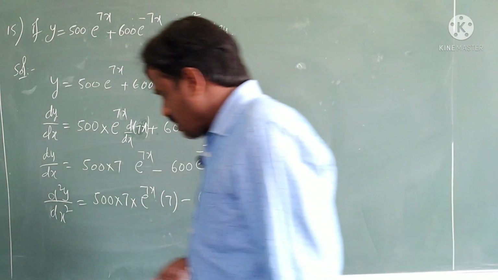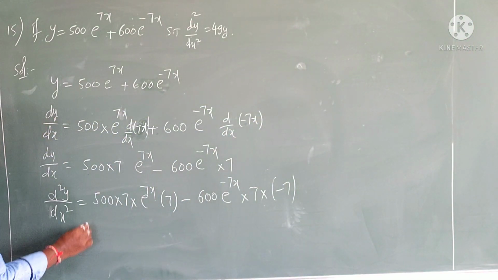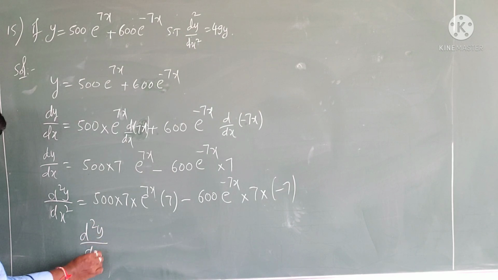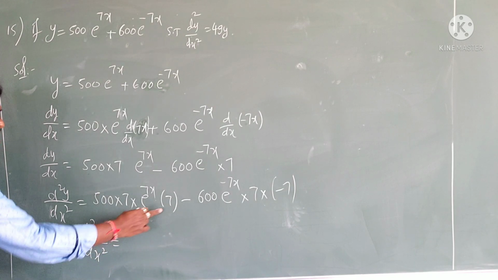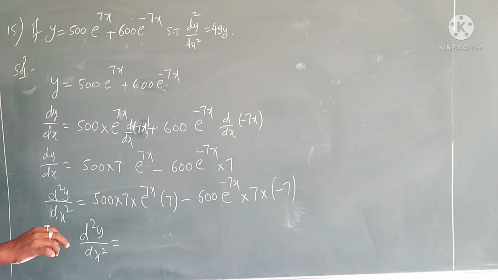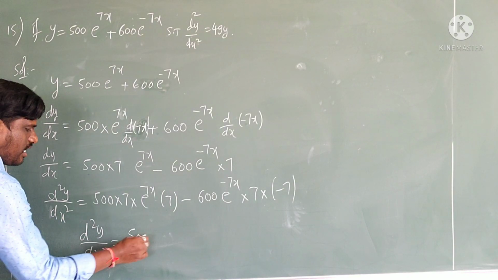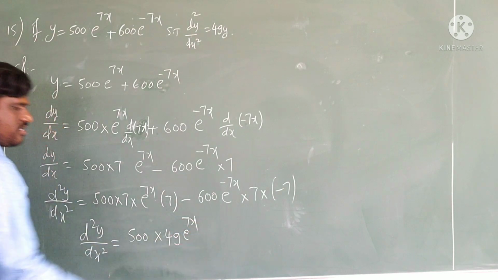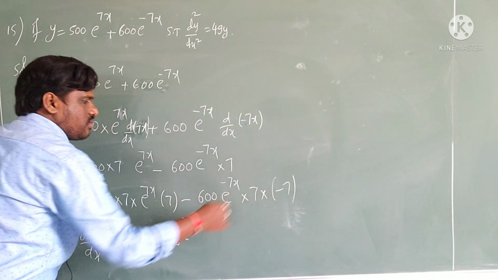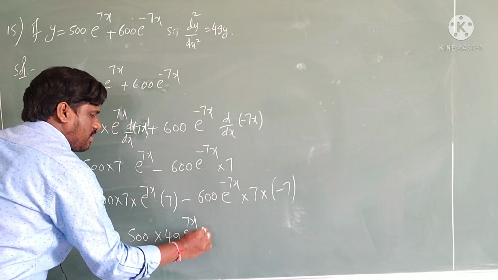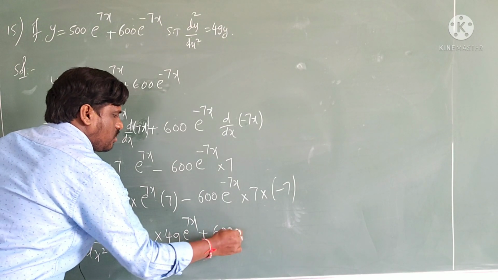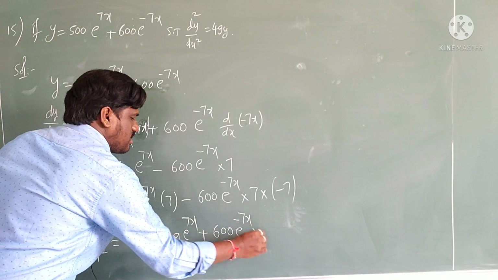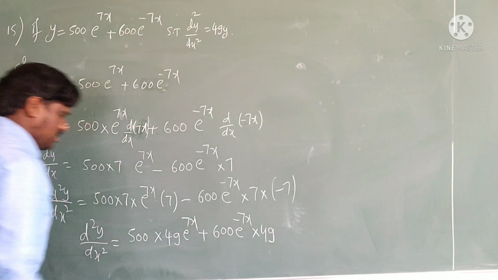So what do I get here? d2y by dx square is equal to 7 into 7, 49, so 500 into 49 e to the power of 7x. And here 7 into 7, 49, minus into minus is plus, plus 600 into e to the power of minus 7x into 49.